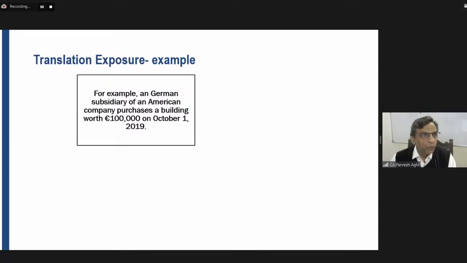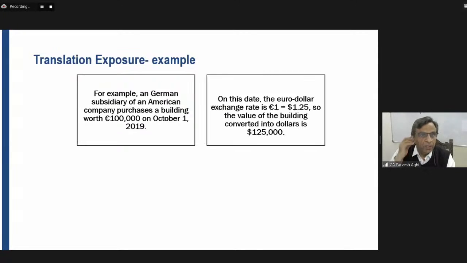On that date, the euro dollar exchange rate was 1 euro equal to $1.25. So the value of the building converted into dollars would be $1,25,000. So for the holding company, this was the cost to them in terms of dollars.